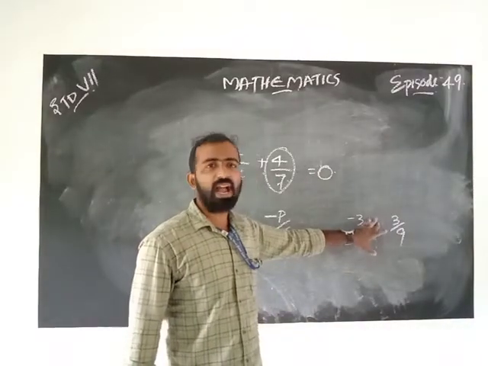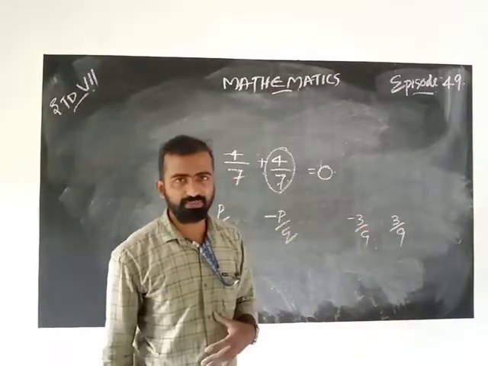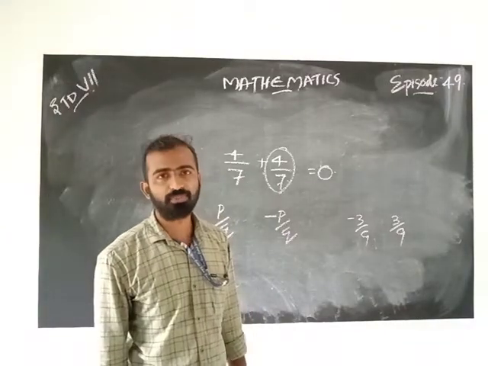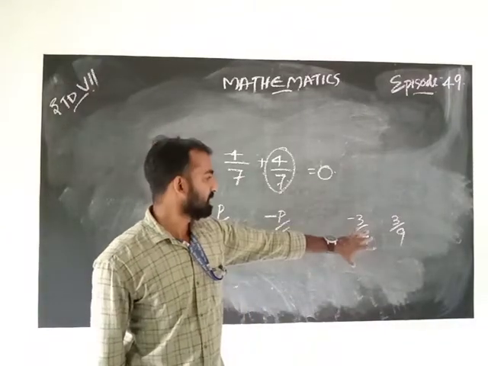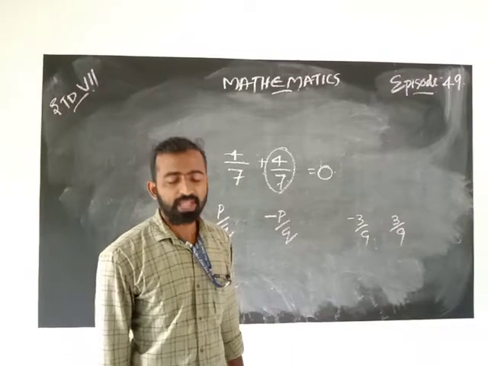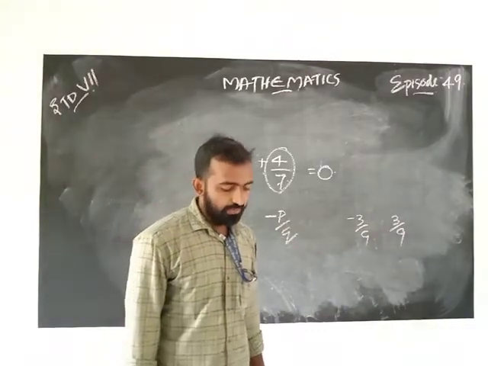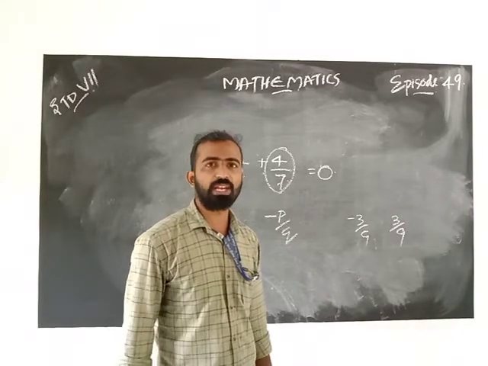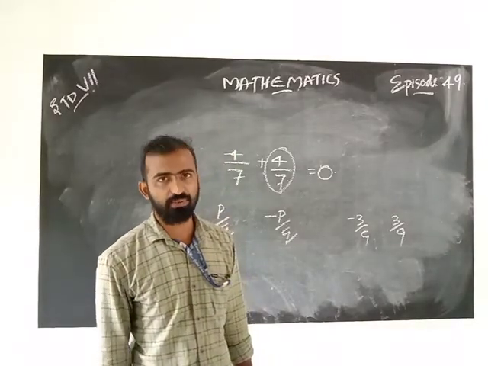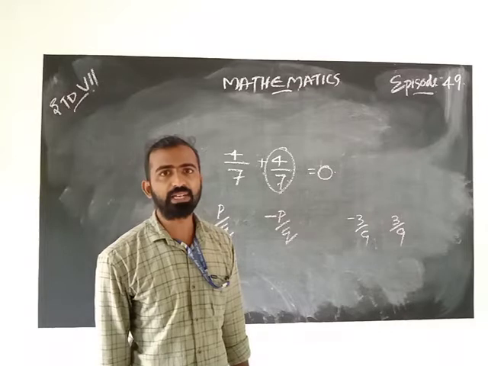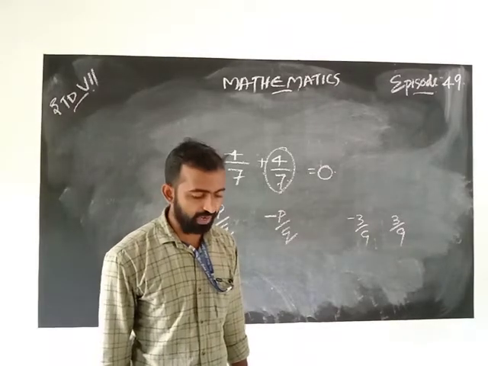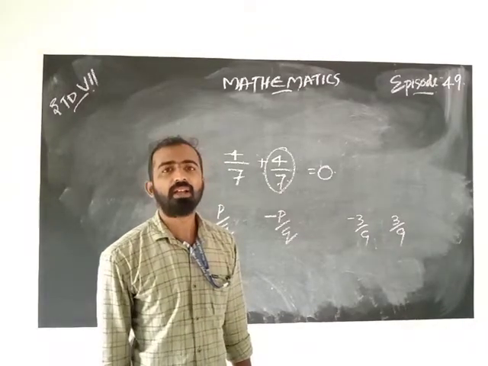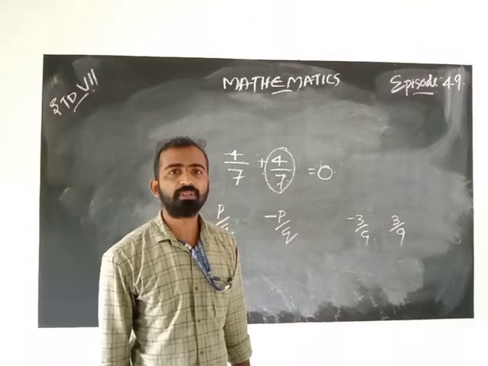When we add these two rational numbers, we get the answer as 0. Next, we want to find the additive inverse of negative 9 by 11. The additive inverse of negative 9 by 11 is 9 by 11.